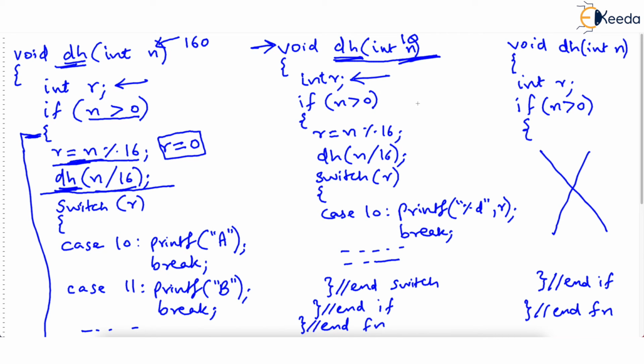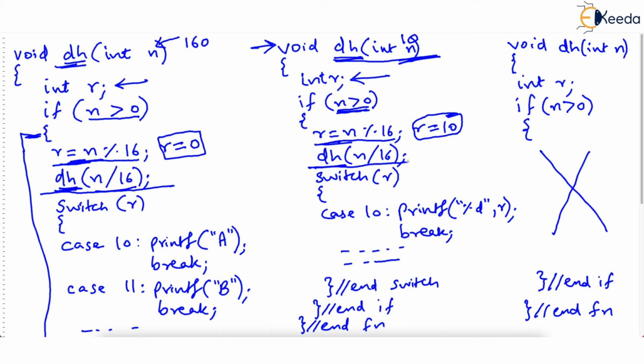Local variable r is declared, and now the function checks, is the current value of n, which is 10, greater than 0, which is true. So r evaluated will be 10 % 16. Just observe, 10 % 16 is 10. So r is 10. I hope by now you know how the percent operator works, so I am not explaining this. And after that, dec to hex is called.